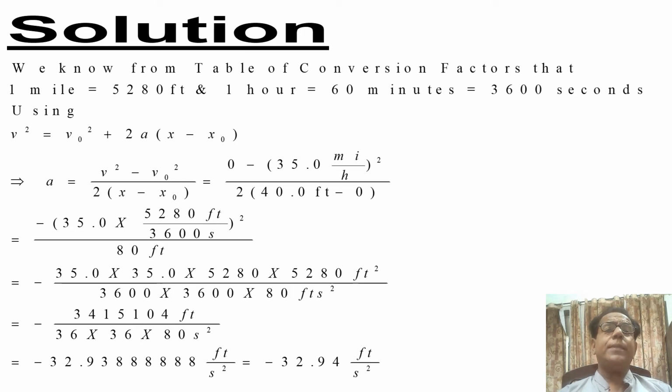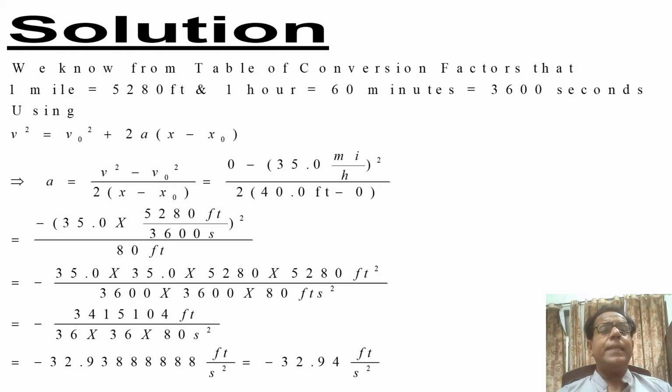Dear students, here we will treat it as if there are 2 terms in the numerator and 2 terms in the denominator. Hence the terms in the denominator will be reversed and multiplied with the upper two factors.